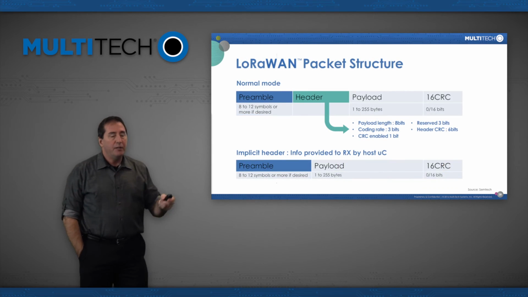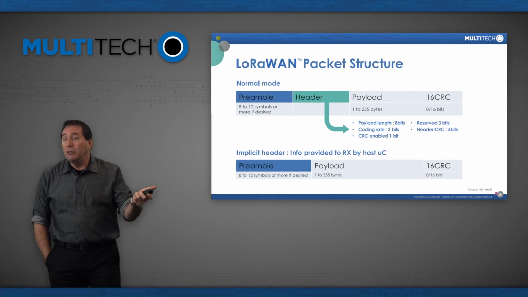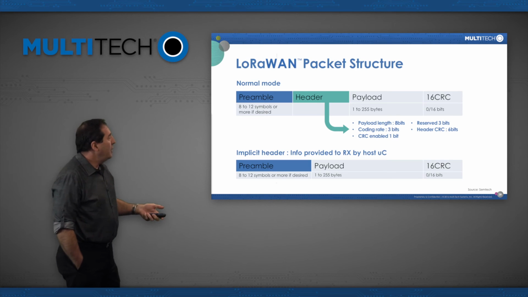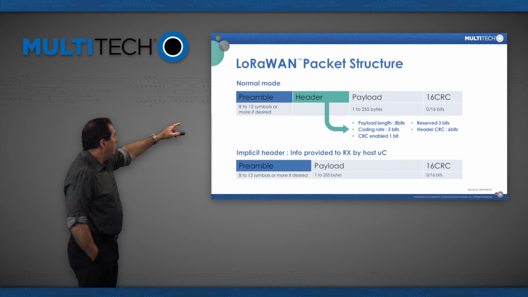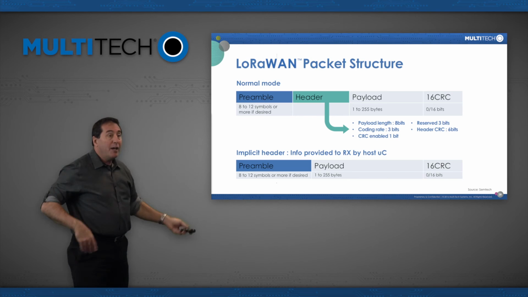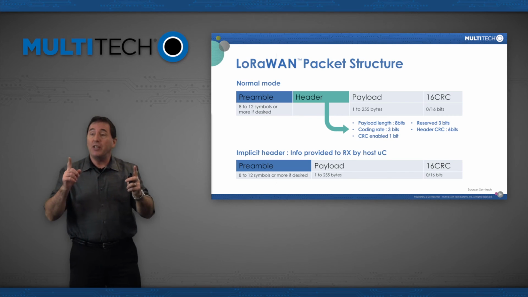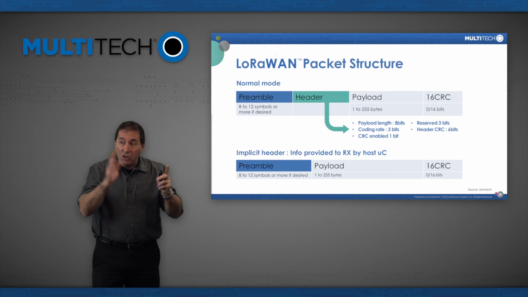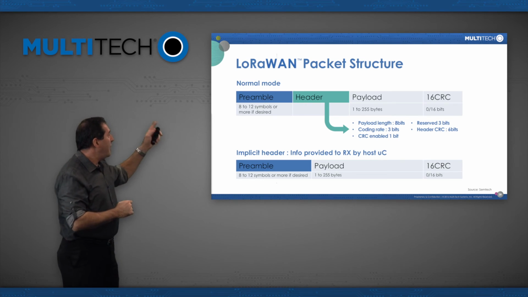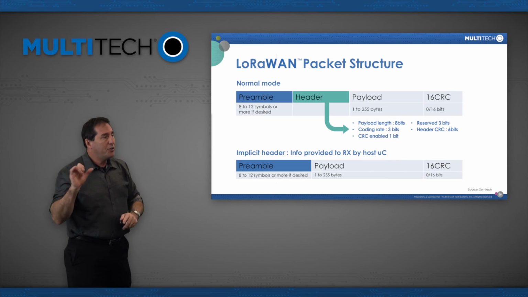In addition to that, LoRaWAN defines a structure of the data, so you can know what the data looks like. Most of the time we use a thing called normal mode. It just says, hey, the preamble, remember I told you it sends out this thing that you're listening for, you can then lock on, right? That's the preamble. And then you have a header, a payload, and a CRC.